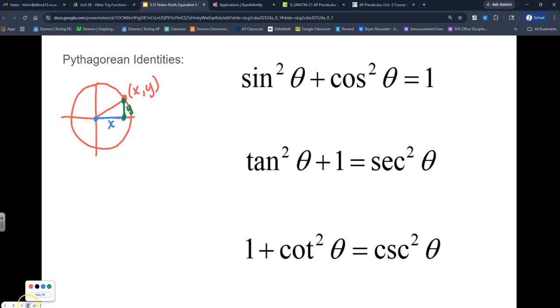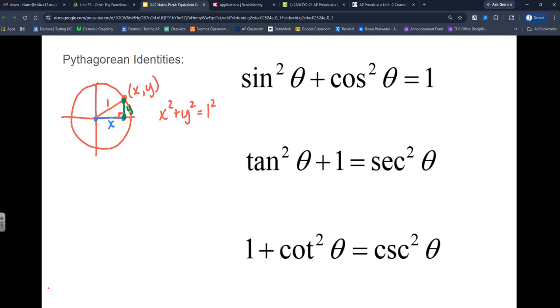And this would be a right angle right here. What would the radius of that circle be, if we're talking about the unit circle here? 1, right? Okay, so would you guys all agree that in that triangle, x squared plus y squared equals 1 squared, right? That is true.